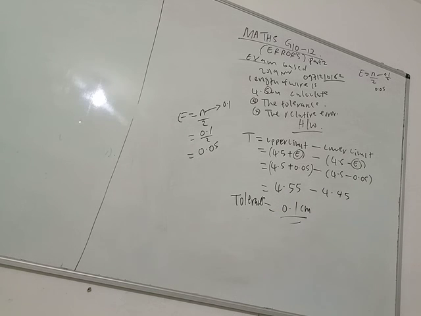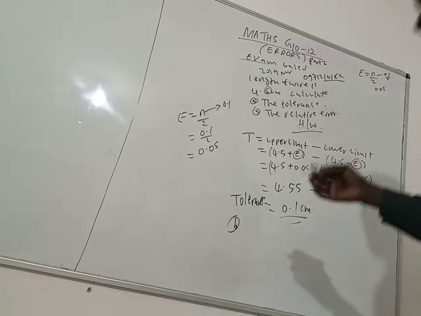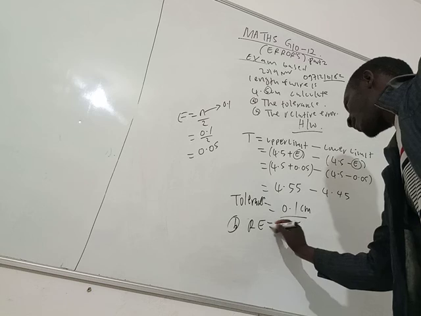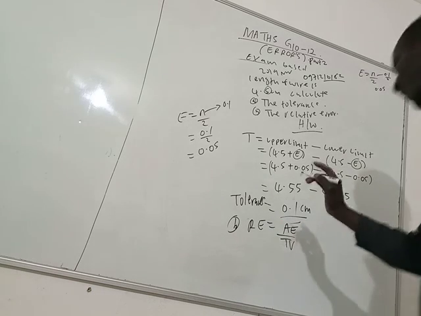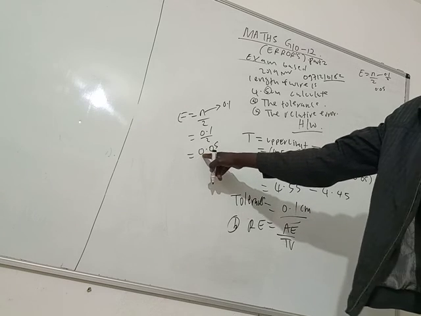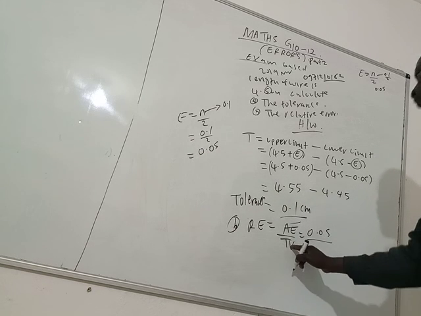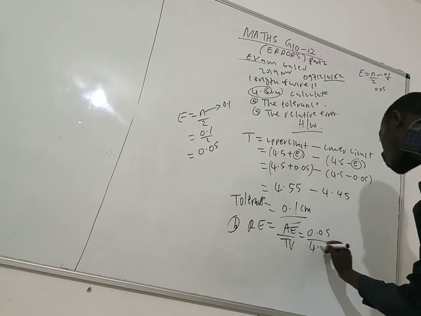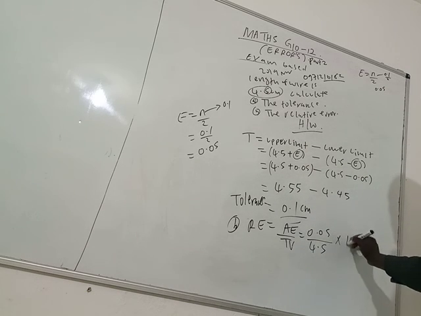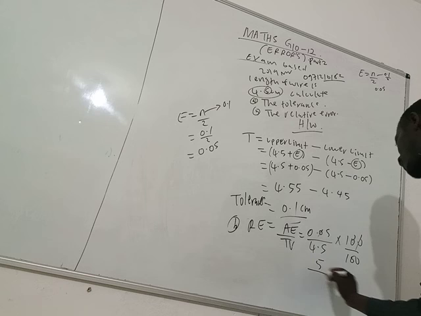Okay, lastly, B is saying relative error. I've been singing about relative error. Relative error is simply absolute error over true value. So the absolute error is the error that you already have, which is 0.05. The true value is the value that you've been given, which is 4.5. 2 decimals, so 100 over 100, they shouldn't differ. Cancel that, it will give you a 5.